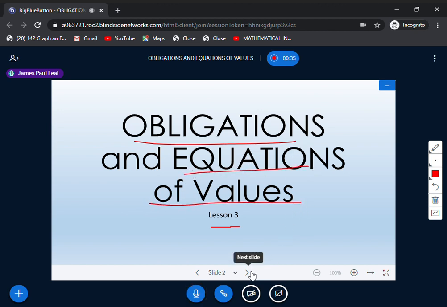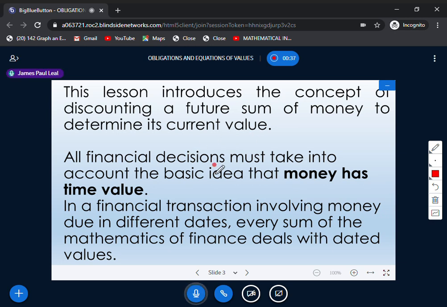This lesson introduces the concept of discounting a future sum of money to determine its current value. The topic for today always involves the concept of the present value of a future cash flow.